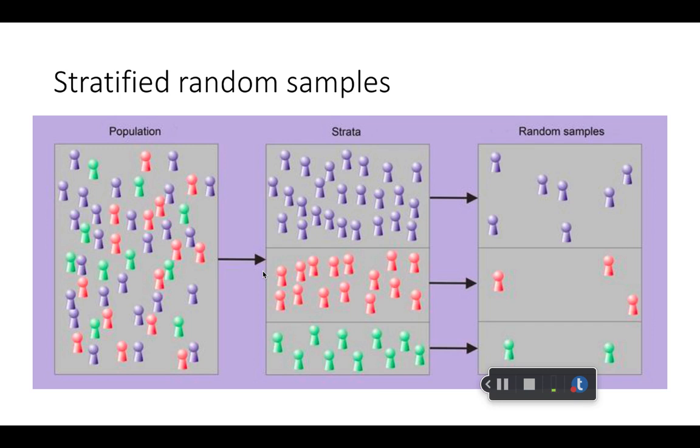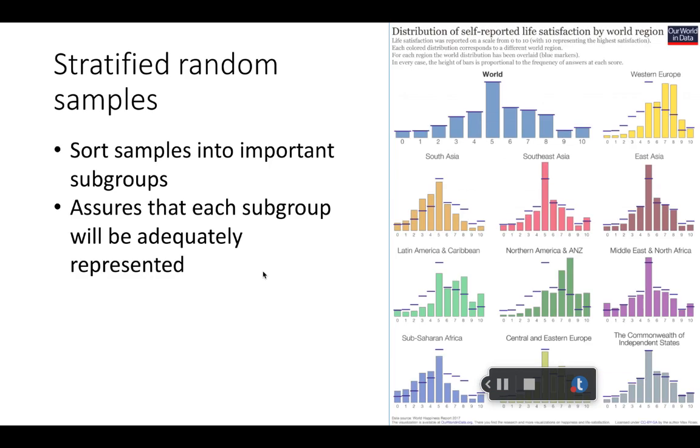Another way to go about this is to stratify the target population, or divide them into strata or homogeneous groups, and then take random samples from each stratum. So stratified random samples sort samples into important subgroups and assure that each subgroup will be adequately represented in the sample.